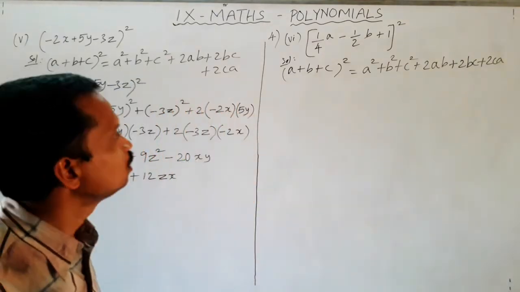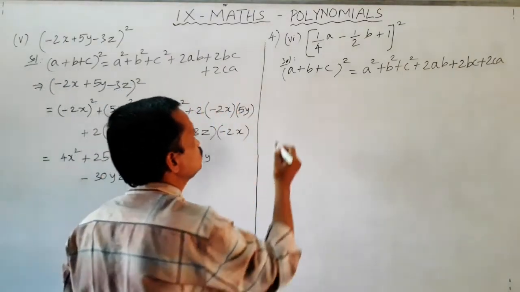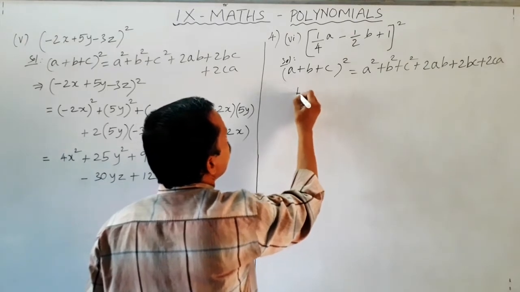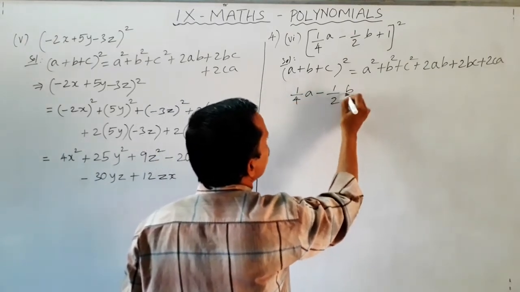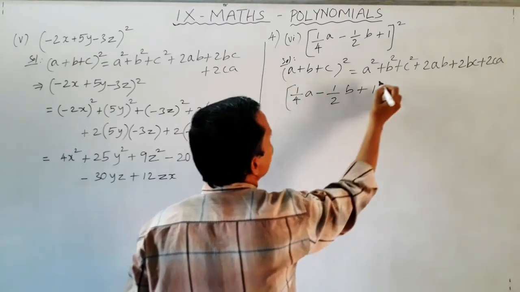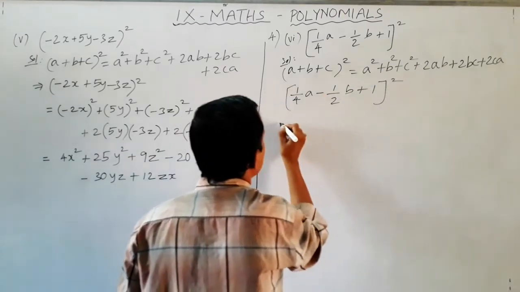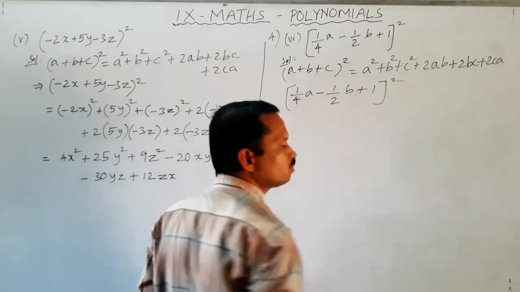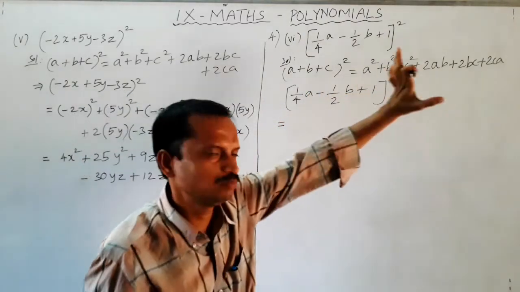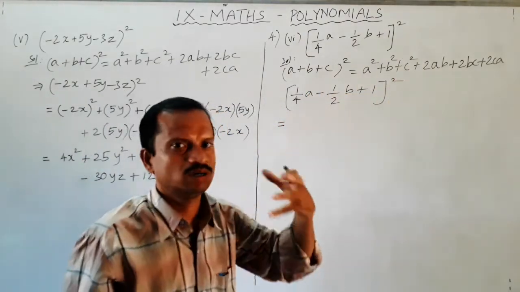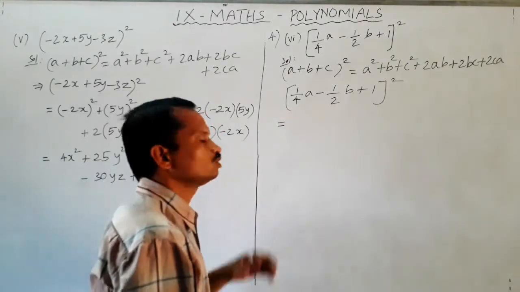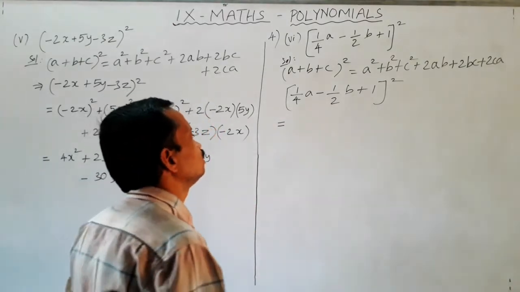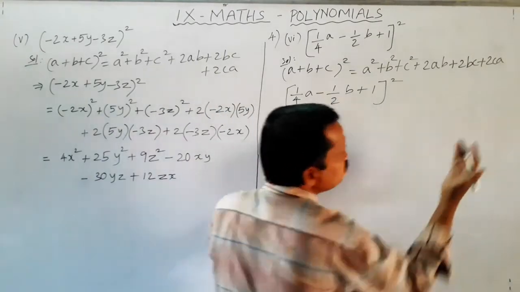And now just write the question: 1 by 4 a minus 1 by 2 b plus 1 the whole square. You put the equal sign here. Often I am telling you, because this identity is a simple one but the question is somewhat big, you have to write under that question, then you will have enough space here to write.